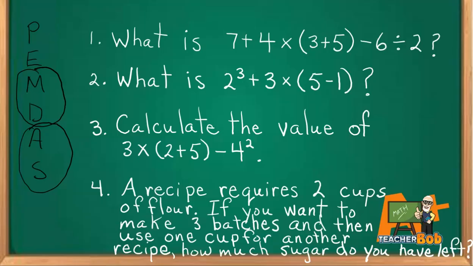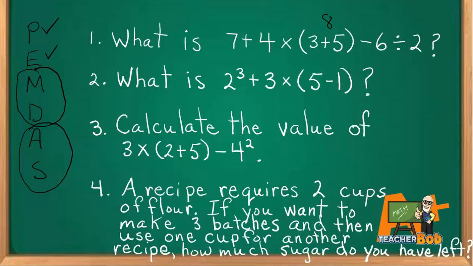Well, PEMDAS, the first letter is parentheses. Let's check that. Yes, we do have a part of this question that is contained within parentheses, 3 plus 5. So that's 8, and we're done with parentheses. There's no exponents, so we can check that off. Then we have multiplication and division from left to right.